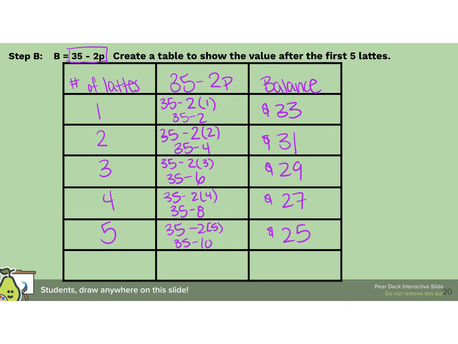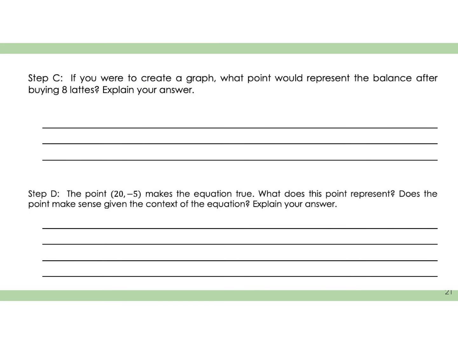You've got 2 more parts of this problem. The next part says, if you were to create a graph, at what point would represent the balance after buying 8 lattes? So that's what that last part of the graph was for, okay? But I'll do it right here.